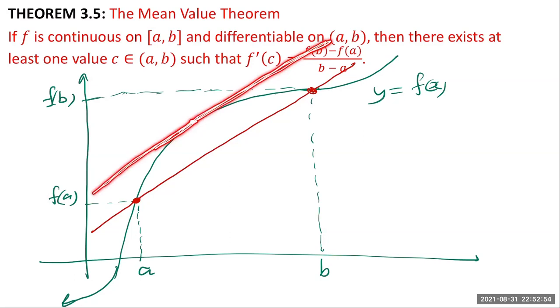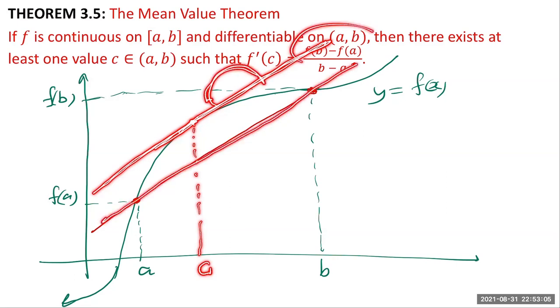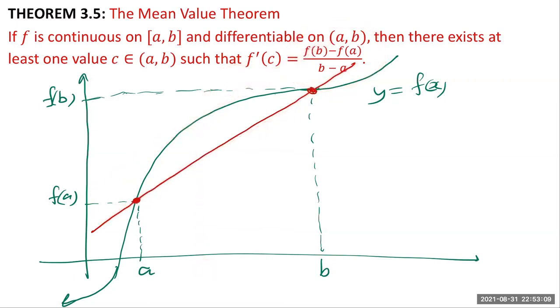That means if I take this point as my point c, f prime of c, which is the slope of this tangent line, is equal to the slope of the secant line, which is f of b minus f of a divided by b minus a. So I draw my tangent here, parallel to the secant line.